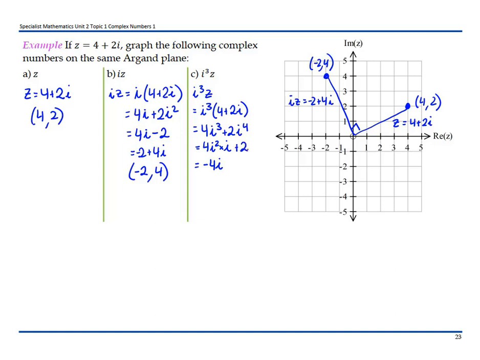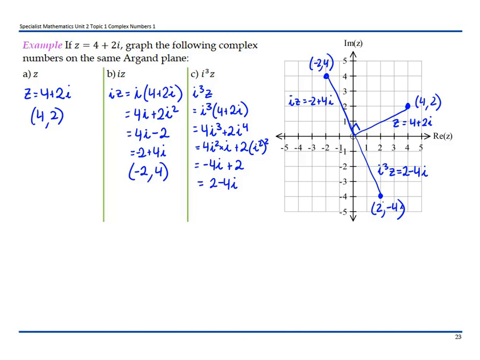This is going to be plus 2i squared all squared, which becomes positive, so that's plus 2. So this is 2 minus 4i. And as you can see, I'm down there, 2, negative 4. And you can see that straight line as well. So this is i cubed z, which equals 2 minus 4i.